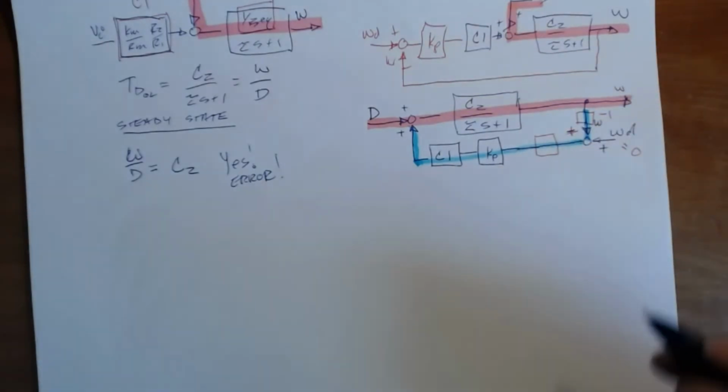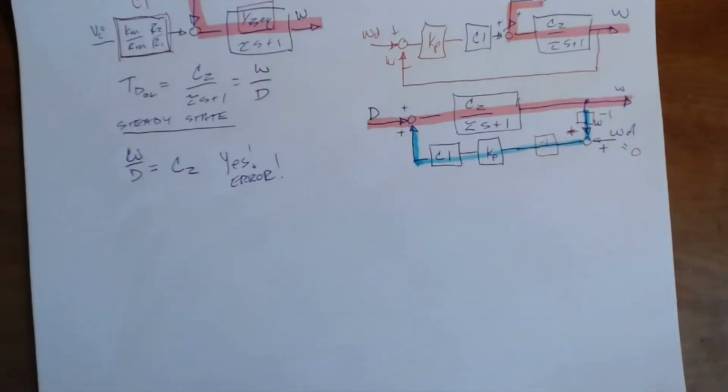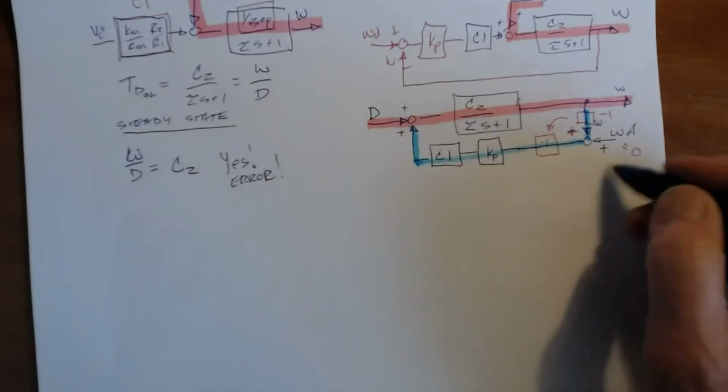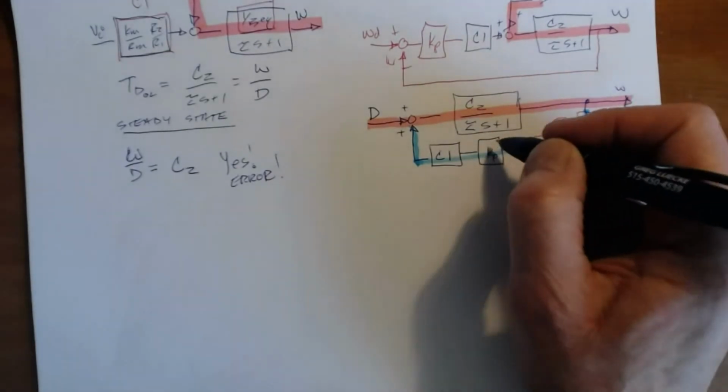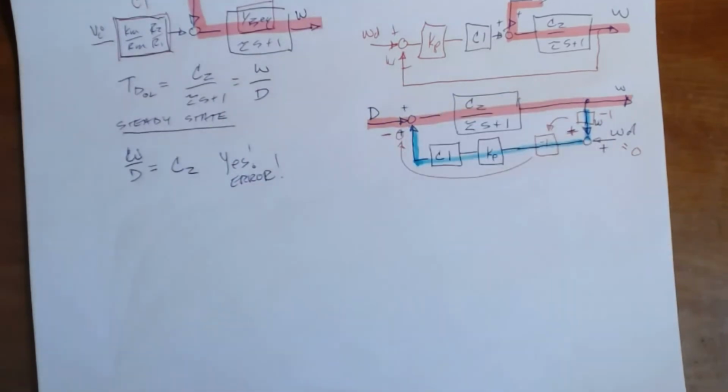And since this is 0 anyway, I don't even care. I'm just going to move my -1 here. Okay. So I've kind of just done some minus sign stuff here.